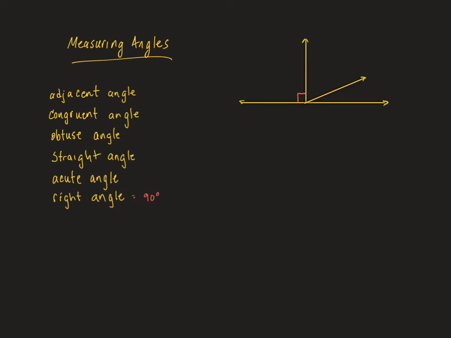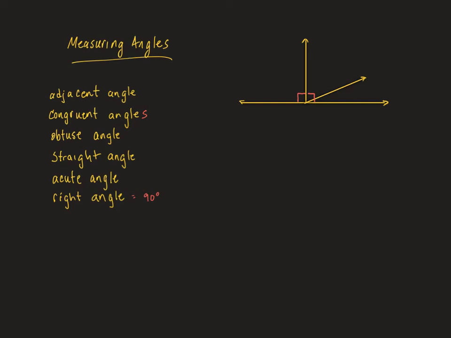Now if that's 90 degrees, that tells me that over here is 90 degrees too. If this angle is 90 degrees and this angle is 90 degrees, that makes them congruent angles. Congruent angles are the same angle. So a 90-degree angle is congruent to another 90-degree angle.